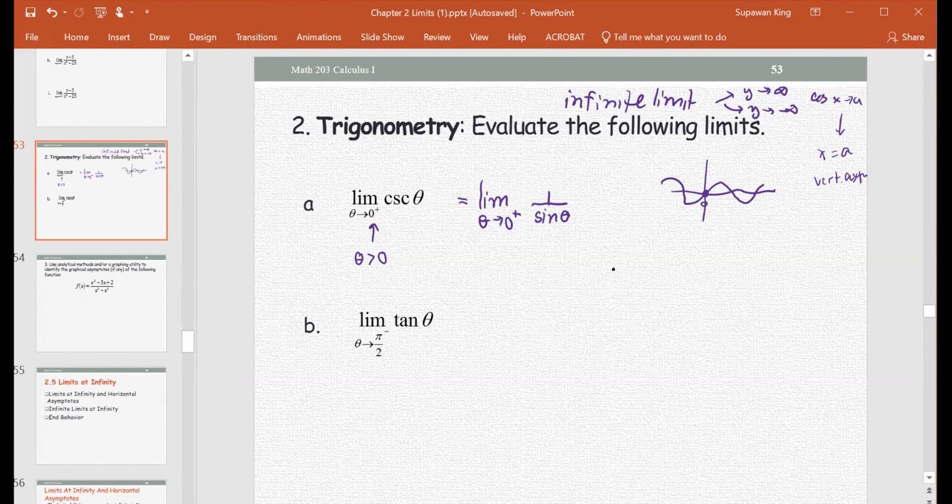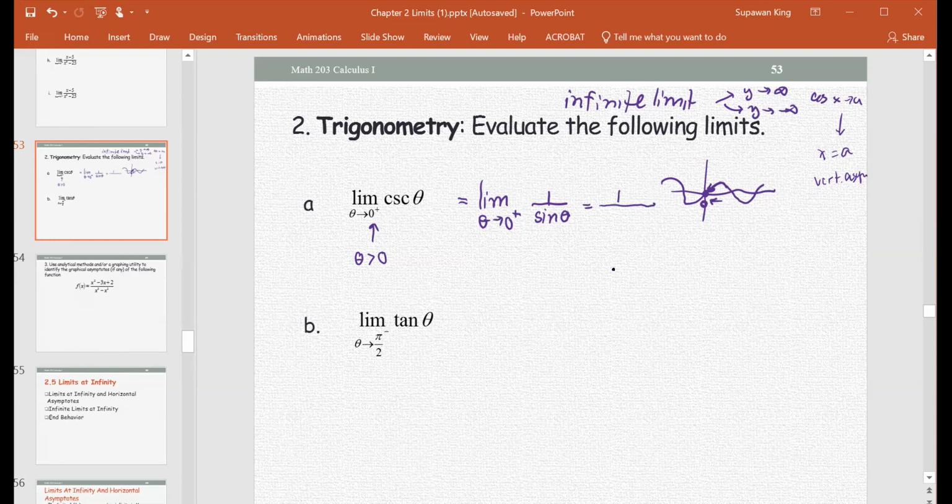At the point 0 here, we look at where the function is approaching as theta approaches 0 from the positive direction. If we move along the graph, it's coming toward 0 from the right side. Same as what we analyzed last section, the numerator stays as 1, and the denominator is going to be very small.